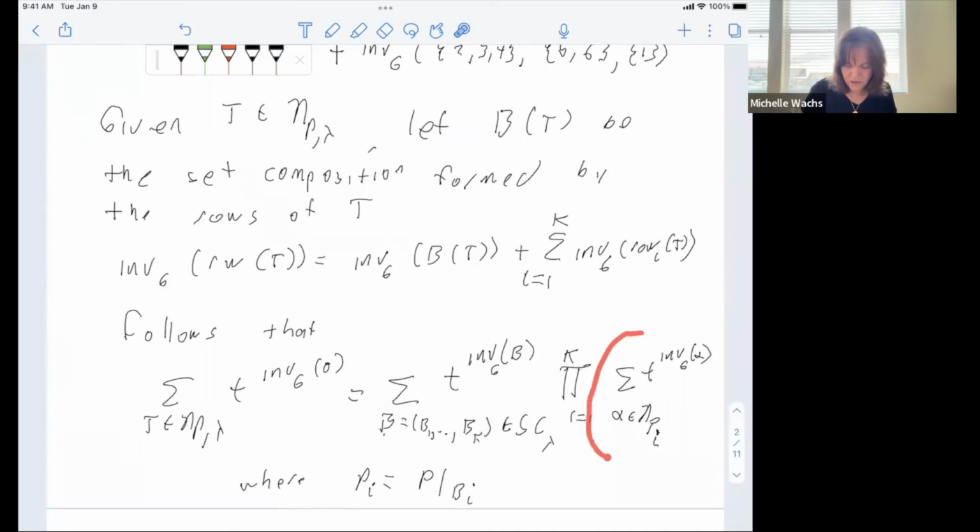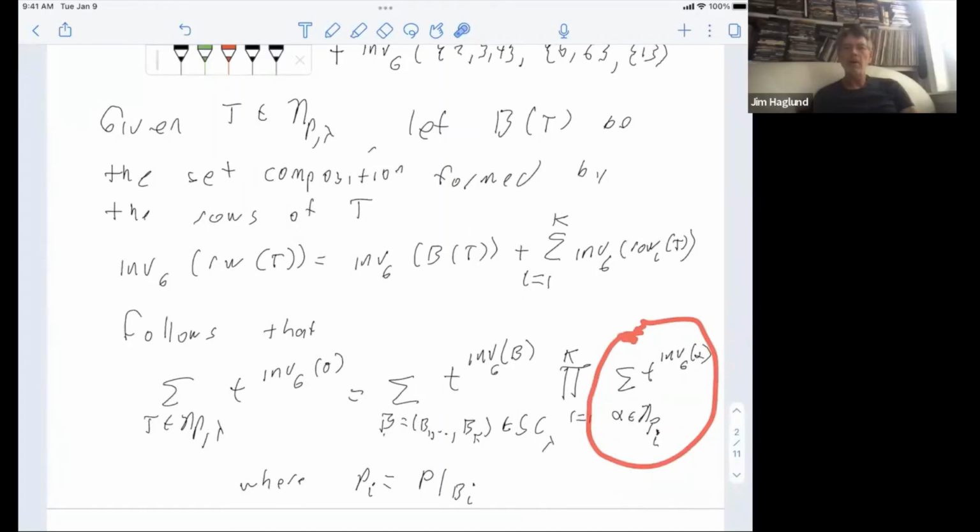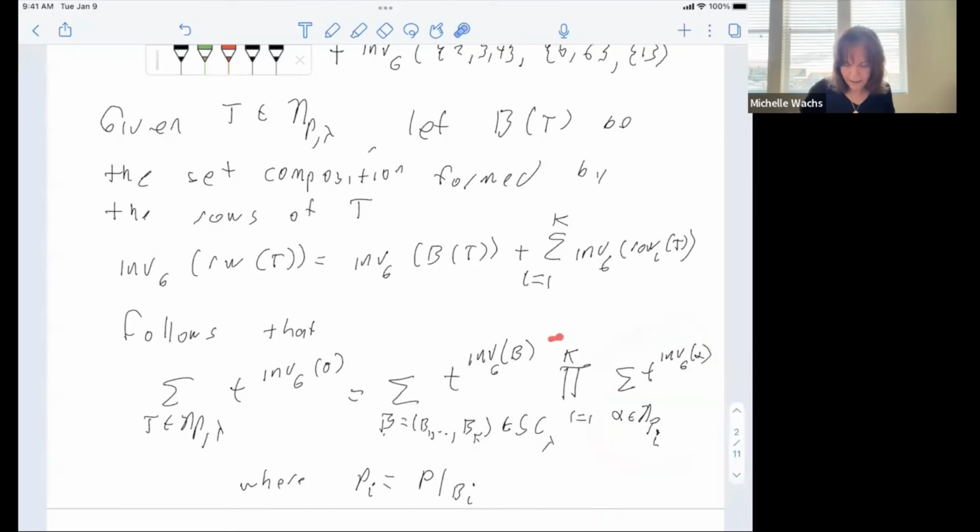We can show that these are palindromic and unimodal polynomials, so we do have a product of palindromic unimodal polynomials, and this product would be palindromic and unimodal.